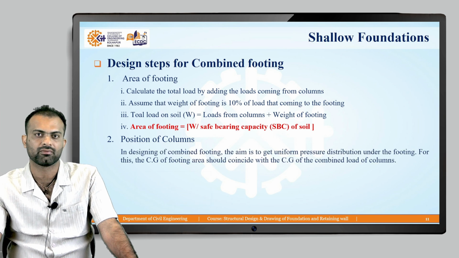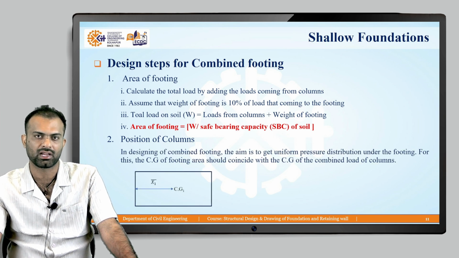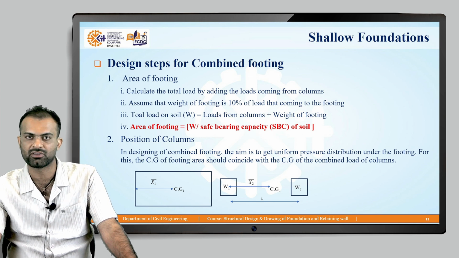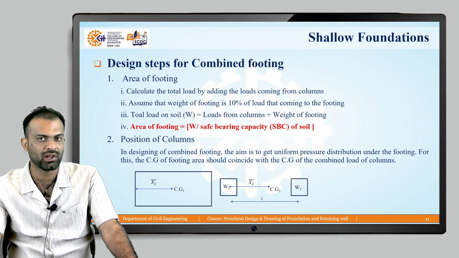If you look at this diagram, this is a rectangular combined footing. You already know the CG of a rectangle is at the center of the footing. Now, there are two columns resting on the footing, one carrying W1 weight and the other carrying W2 weight. If W1 equals W2, the CG will definitely act at the midpoint of those columns.